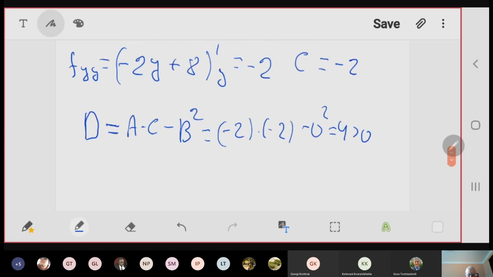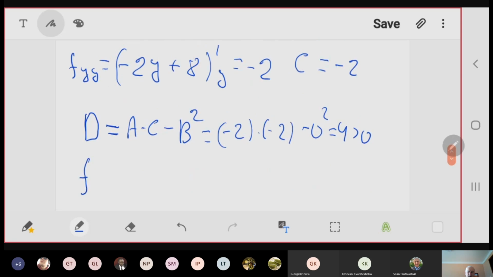This maximum is f(3,4). And to find this maximum, we need to replace x by 3 and y by 4 in the original function.